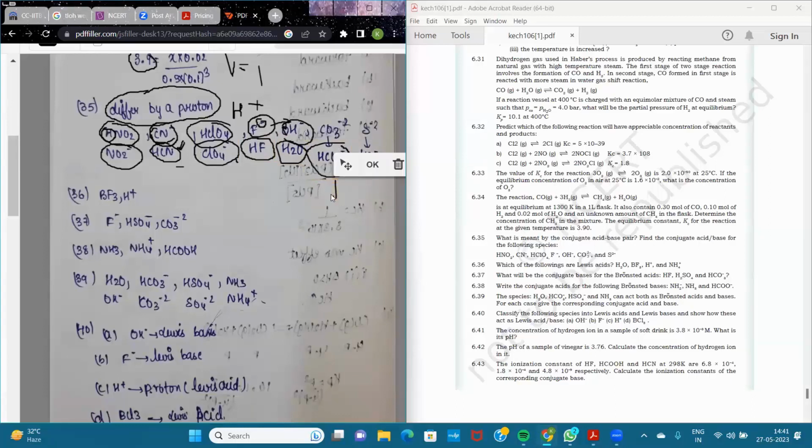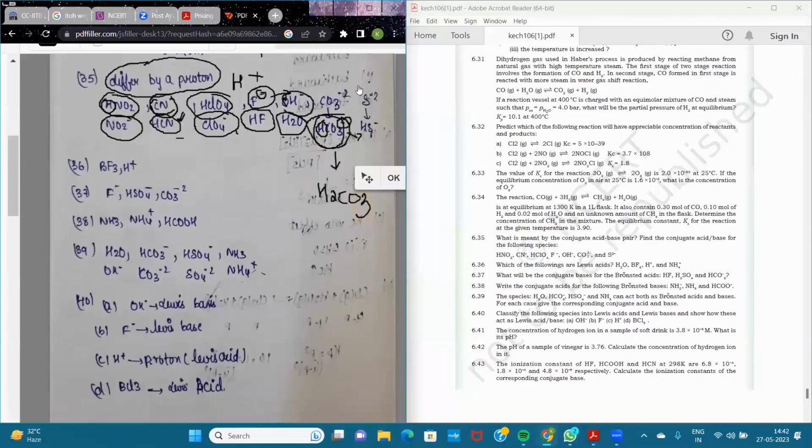And if we further add an H plus to this, it acts as a base as well as an acid. This is an amphoteric ion. So it can act as a base as well as an acid because it contains H, which it can donate and act as an acid, and it has electron density which it can donate to a proton and act as a base. Here if we add H plus, we get H2CO3 as its conjugate acid.